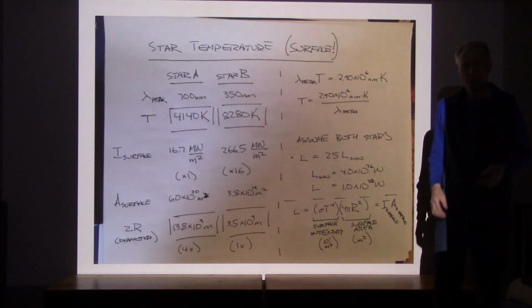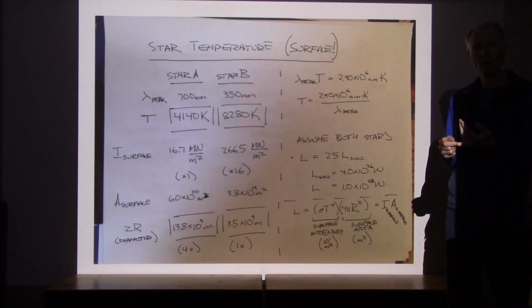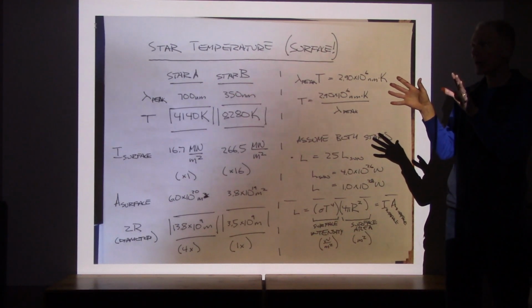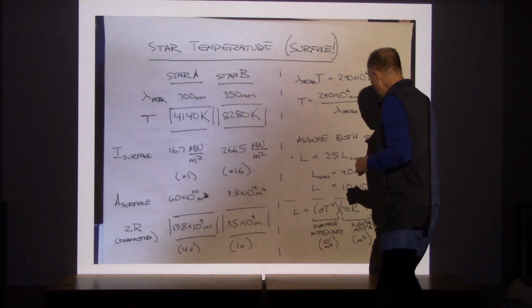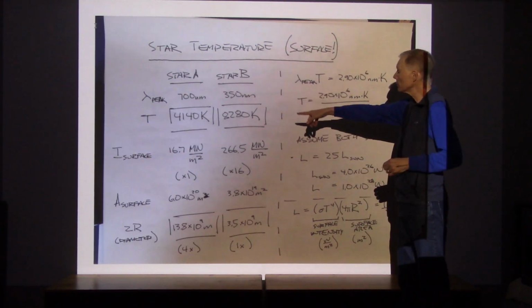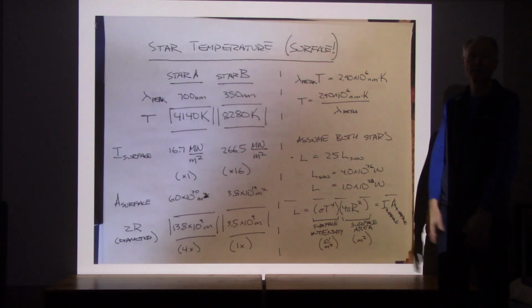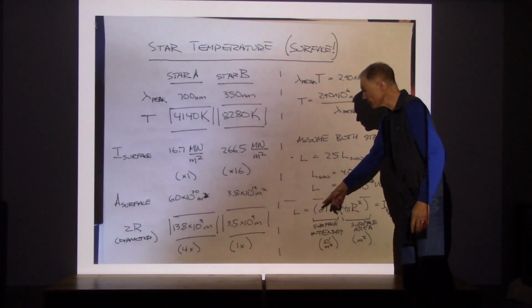And a few slides back we saw we can determine luminosity. Once we know how far it is to a star, we can measure how bright it is from Earth and determine the star's luminosity. And then the surface temperature can be figured out looking at the spectrum of light coming from the star. So we can use that formula right there.